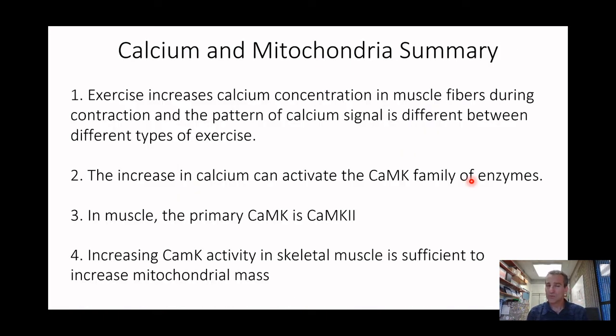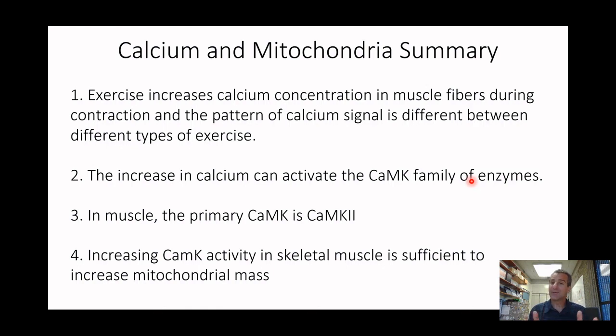All right, so really quickly to summarize, calcium is increased by 100-fold by every single muscle contraction. That means that if your muscle fiber is active, you're going to have high calcium signaling, and that high calcium signal is going to drive the activation of these calcium, calmodulin activated kinases.